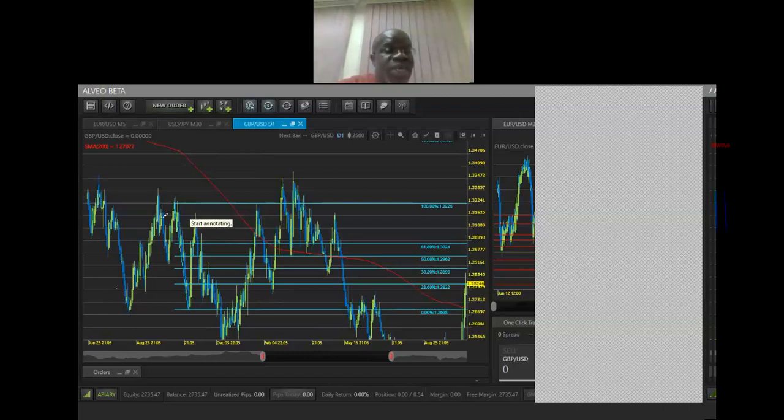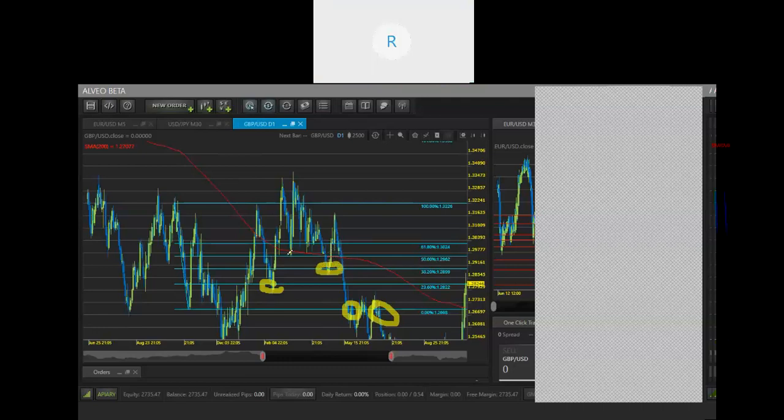We were testing it somewhere around here, but if you look, that area, the zone, is still obeyed. 23 is still being obeyed. This one, 38, 50, 61. 61 is a significant one. It's a major one.